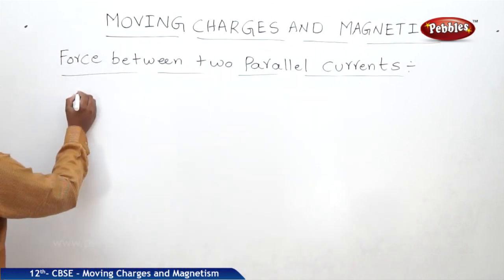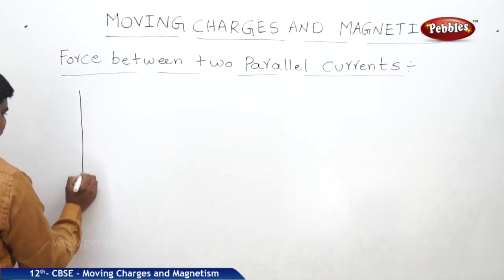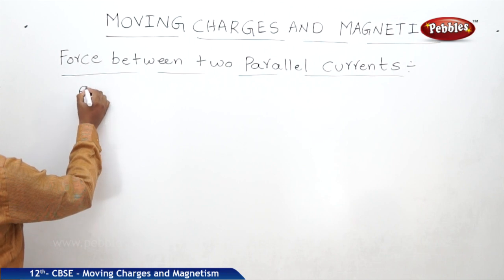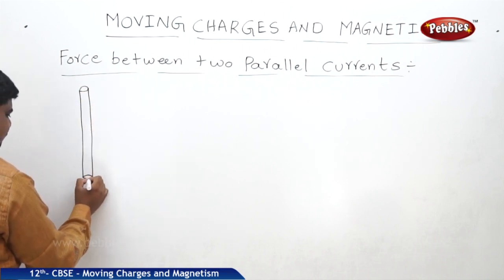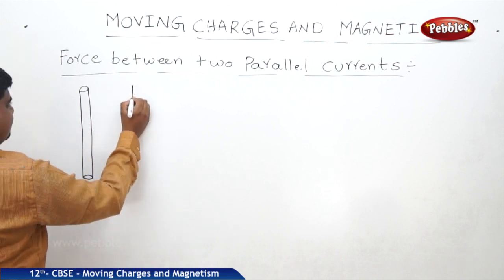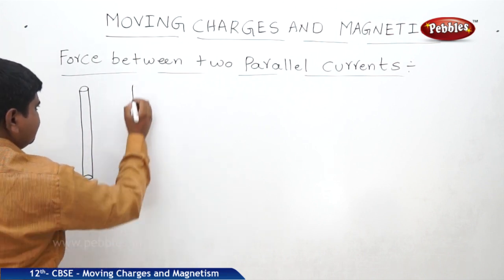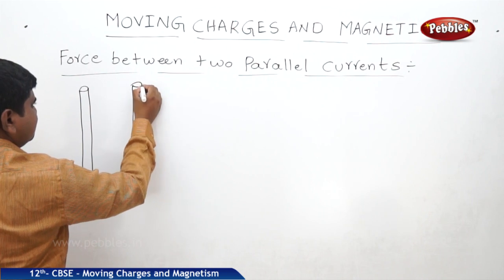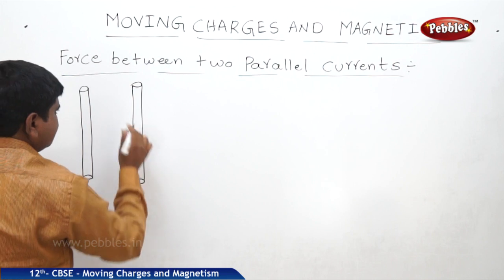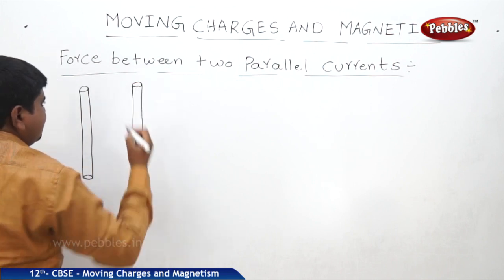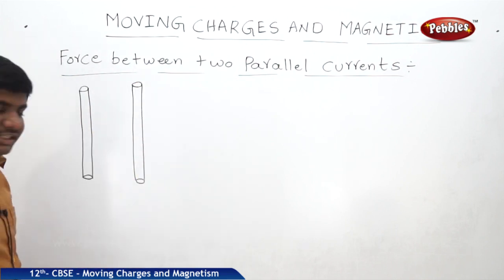For that purpose, take two metal rods of same dimension. This is one more rod. Instead of saying rod 1 and rod 2, it is better to give the name.